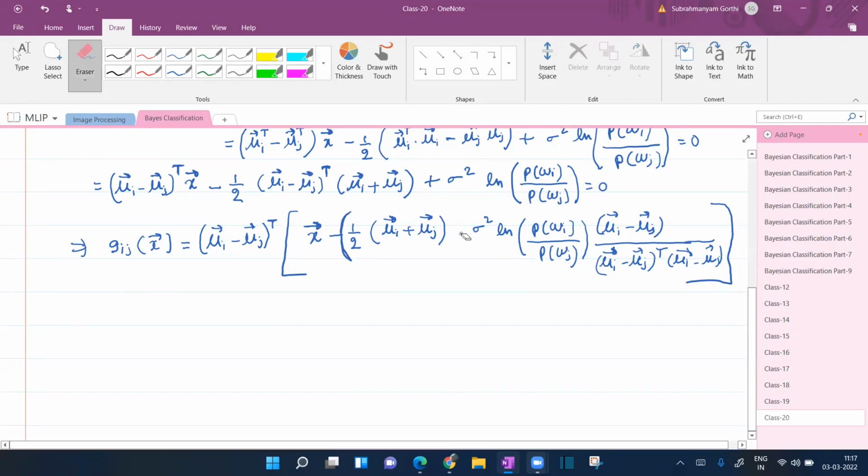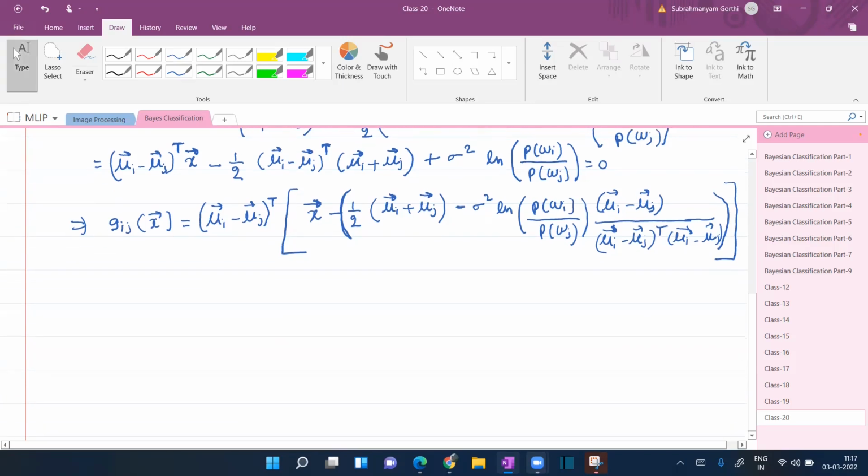Since I have taken minus out, that plus I am making as minus, and since there is not enough space to keep that bracket there, for the time being I am removing it, keeping this bracket and then this double bracket. So that's what I just put minus out. And now what I would do is this: you look at this whole term, does it have anything to do with x bar as such?